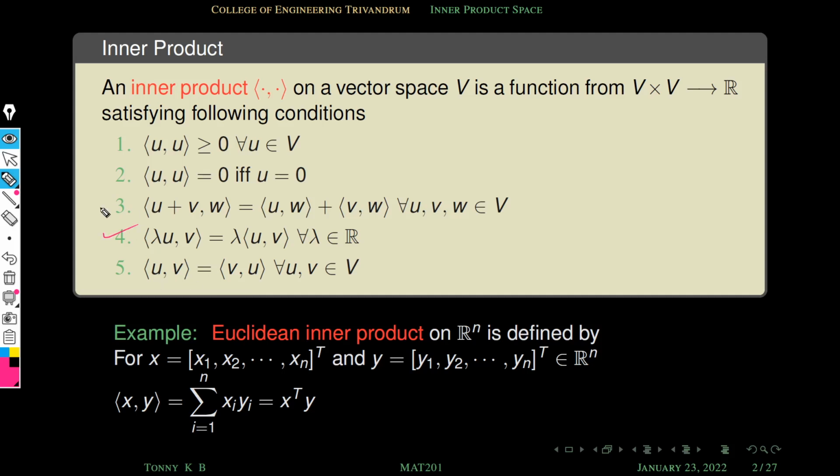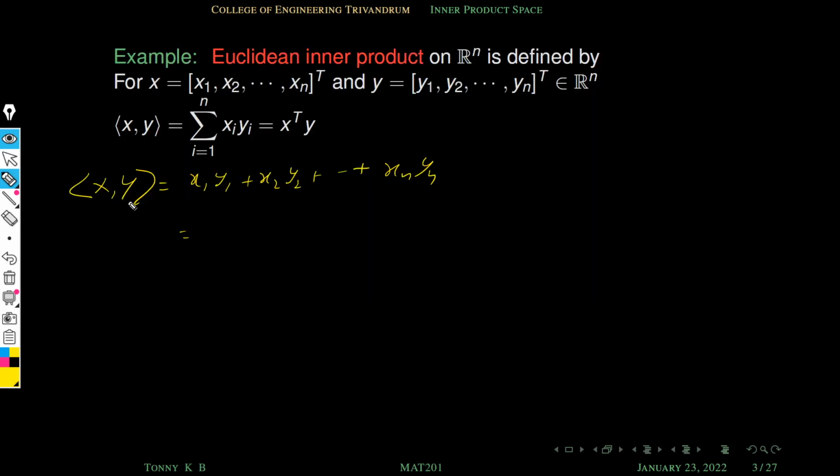So the first four conditions are okay. Then we have one more condition: inner product between u and v should be equal to inner product between v and u. So next we consider inner product of x and y. By definition, this is the inner product. And we know that all the xi's and yi's are real numbers, and this is the normal product between numbers. That is commutative.